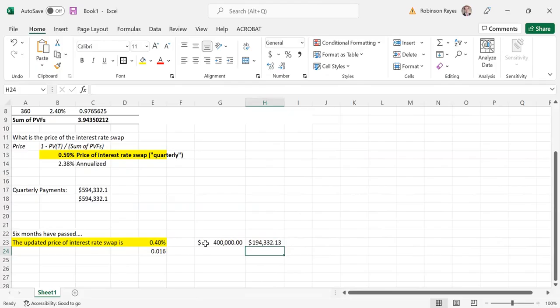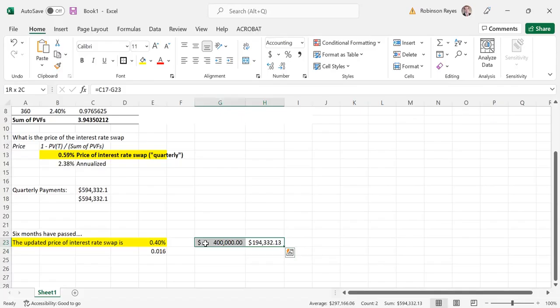Why are you getting more money in your interest rate swap? Well, because you opened it 6 months ago and interest rate yields were higher. So the contract that you have in your hand has a value, and this value means your contract has this advantage, which is $194,000 more than what it should pay if you were opening it today.